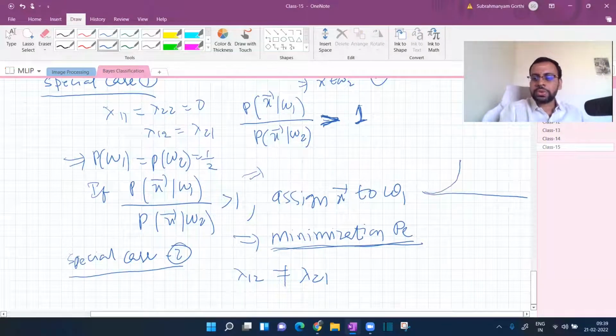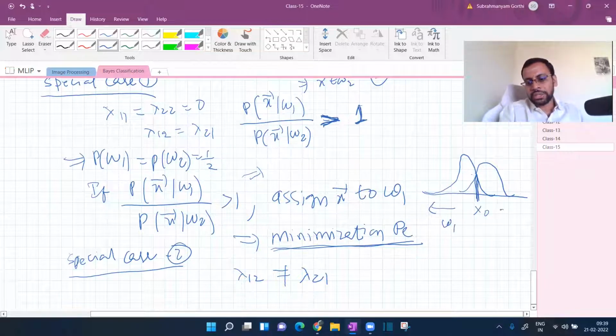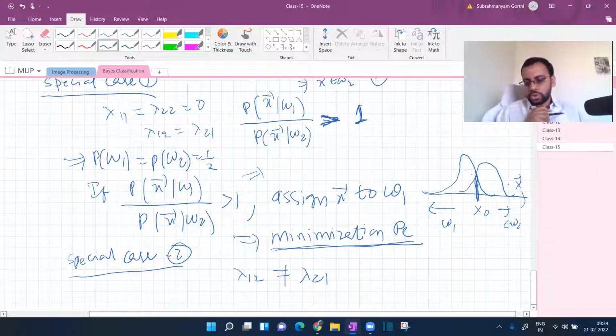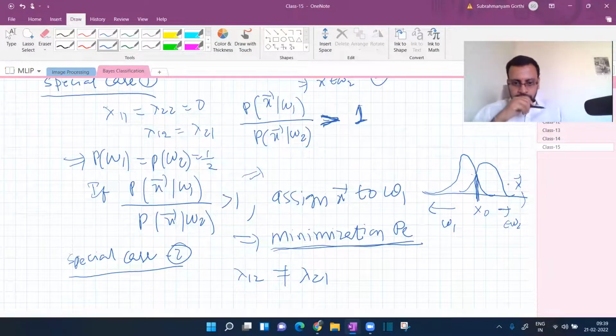Just a repetition of what I have been drawing from the last couple of classes. So this is the boundary x naught, below which you assign that to omega 1, beyond which you would assign that x bar, this is your x bar, right? Beyond that you would assign it to the class 2.